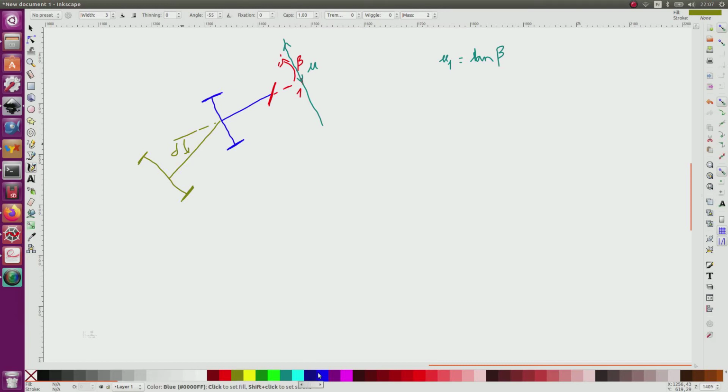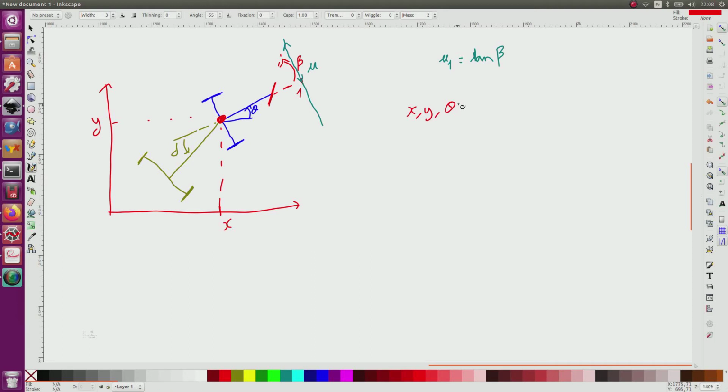Now I also have the heading here, which corresponds to theta, and the center of the vehicle, the reference point, corresponds to this point, the middle of the front axle. So here I have X, and here I have Y. From this, I can guess that the degrees of freedom correspond to X, Y, theta, delta.